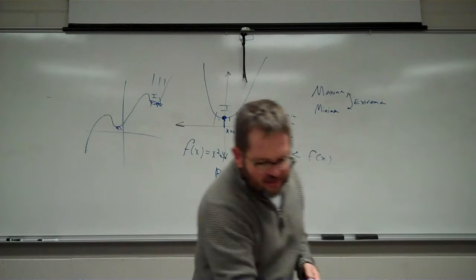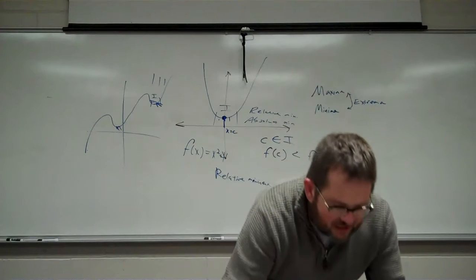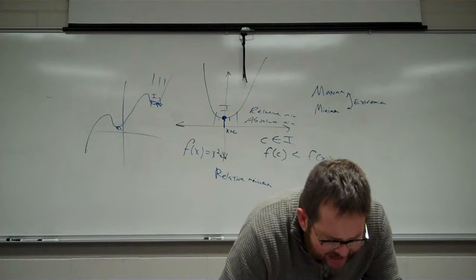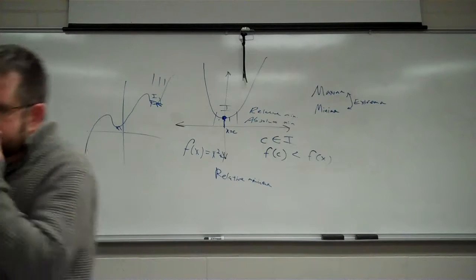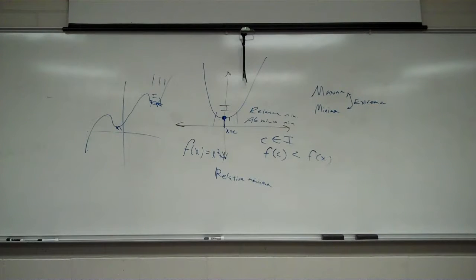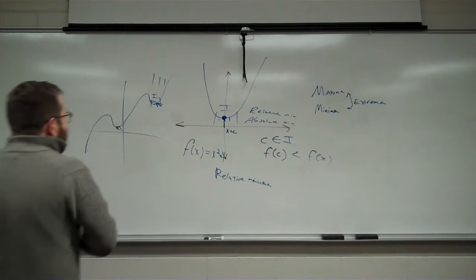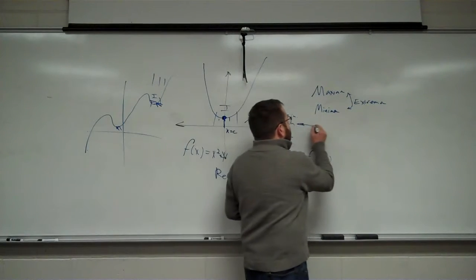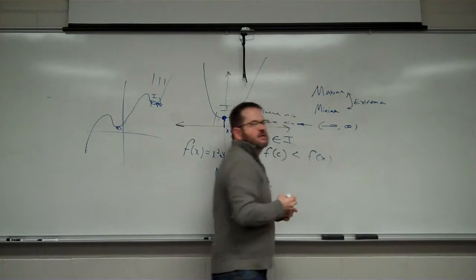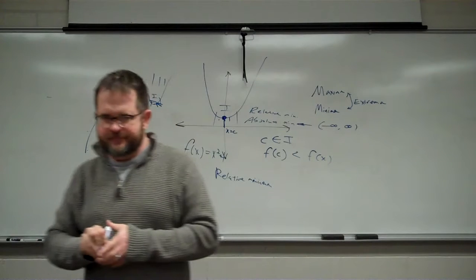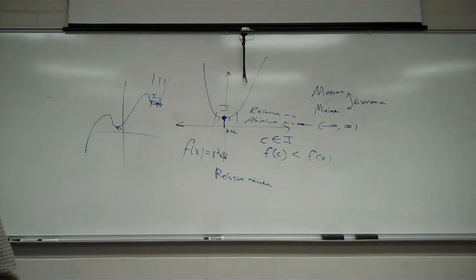Now your book is a little bit goofy about this. I always heard this word absolute minimum as meaning that it is the minimum on the range x equals negative infinity to infinity. That's not what your book says.